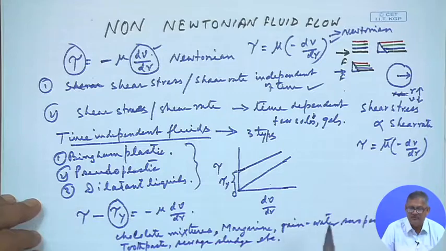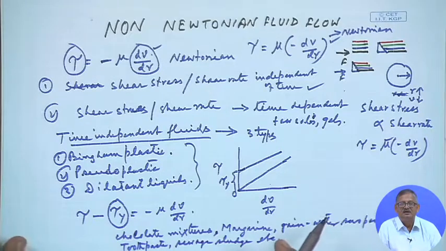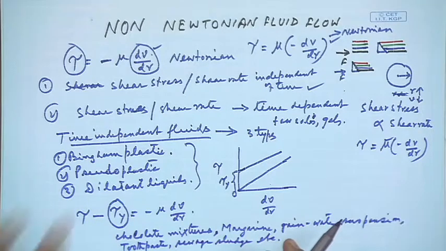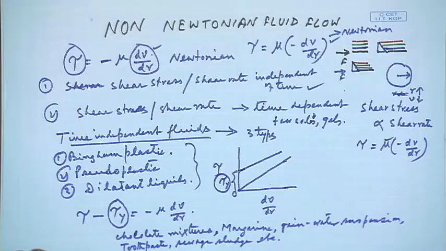In sewage sludge also you will see that unless there is a push, unless a stress or force is given, the sludge does not move, same as we said for toothpaste. In toothpaste you give a pressure, then it comes out. That is the yield stress, tau y, which we are referring to.